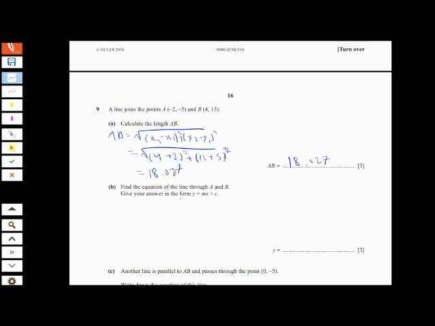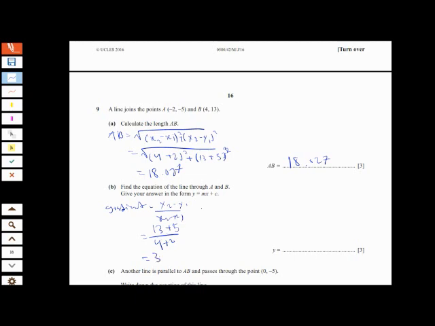Okay, now find the equation of the line AB. In order to find the equation of a line, you need the gradient and the point. And now we have 2 points. All you have to do is just find the gradient. The gradient is y2 minus y1 over x2 minus x1. So that would mean 13 plus 5 over 4 plus 2, which is 3.